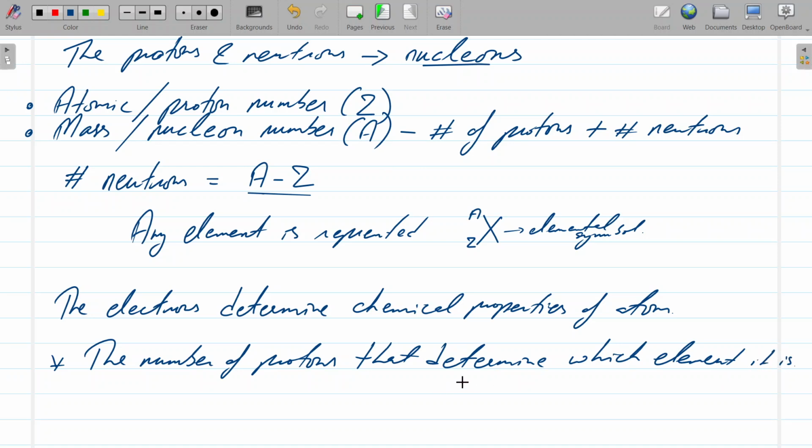So you can obviously have a different number of electrons. We get ions out of that. You can have a different number of neutrons, which we'll talk about, and that will give us isotopes. But you cannot have a different number of protons for the same element. If the proton number changes, that means you're getting a different element.